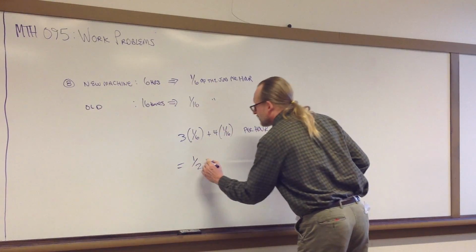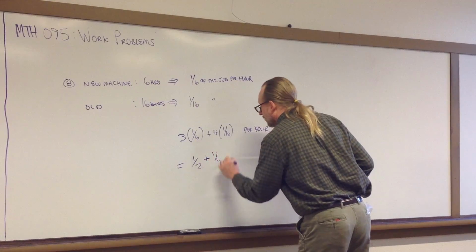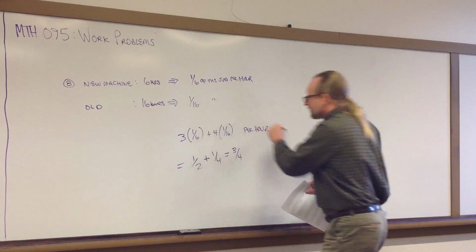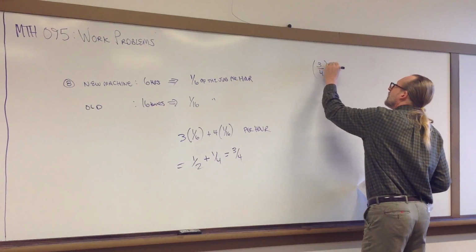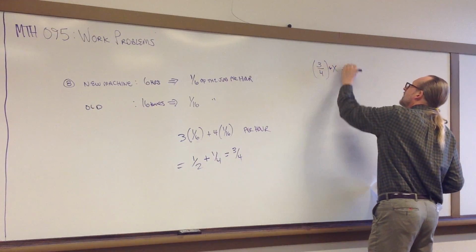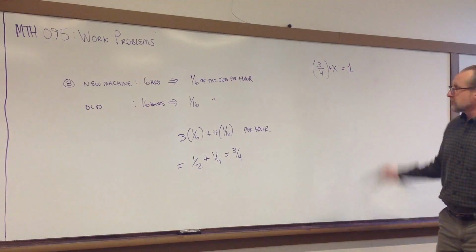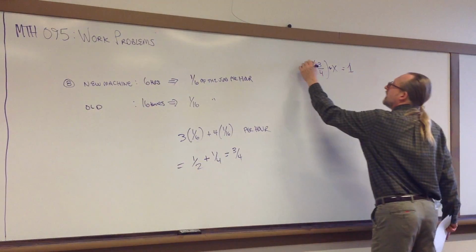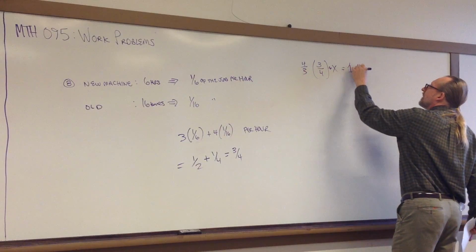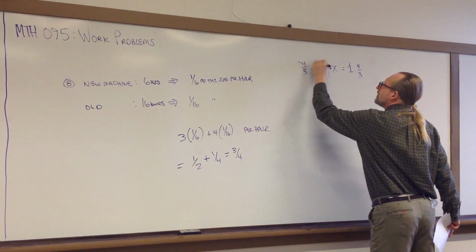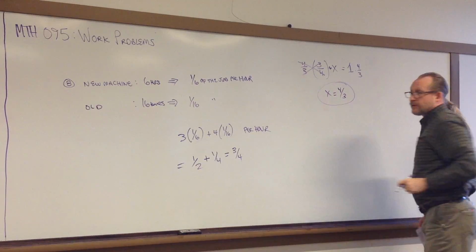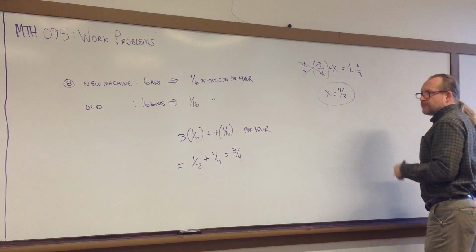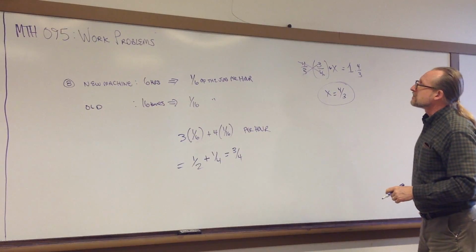This is 4/16, which is 1/4. So it's doing 3/4 of the job every hour. And then we want to know how many hours it is going to take to finish one whole job. You can divide on both sides by 3/4 or multiply on both sides by 4/3. In the end, it's going to take 4/3 of an hour, which is about an hour and 20 minutes. Okay.